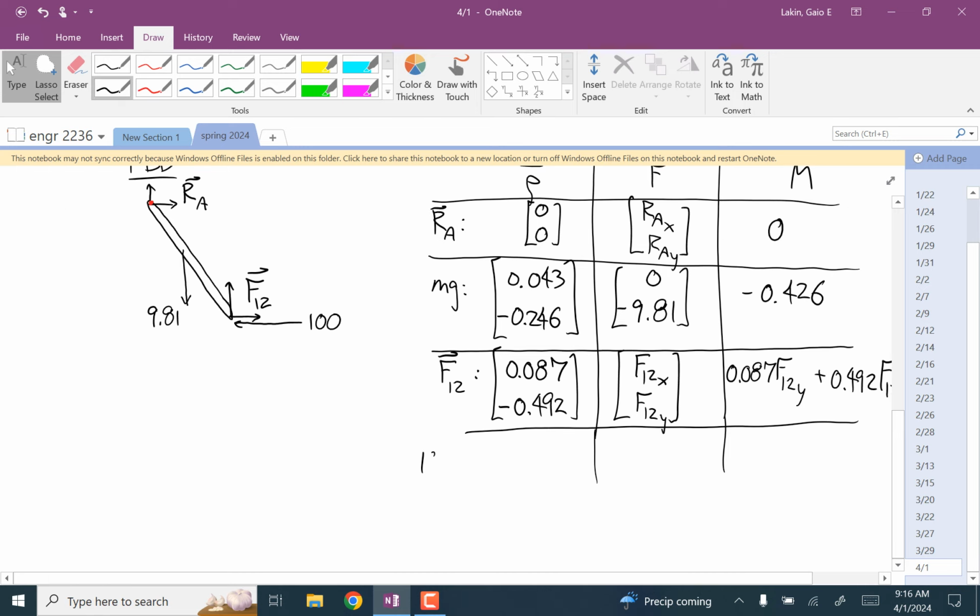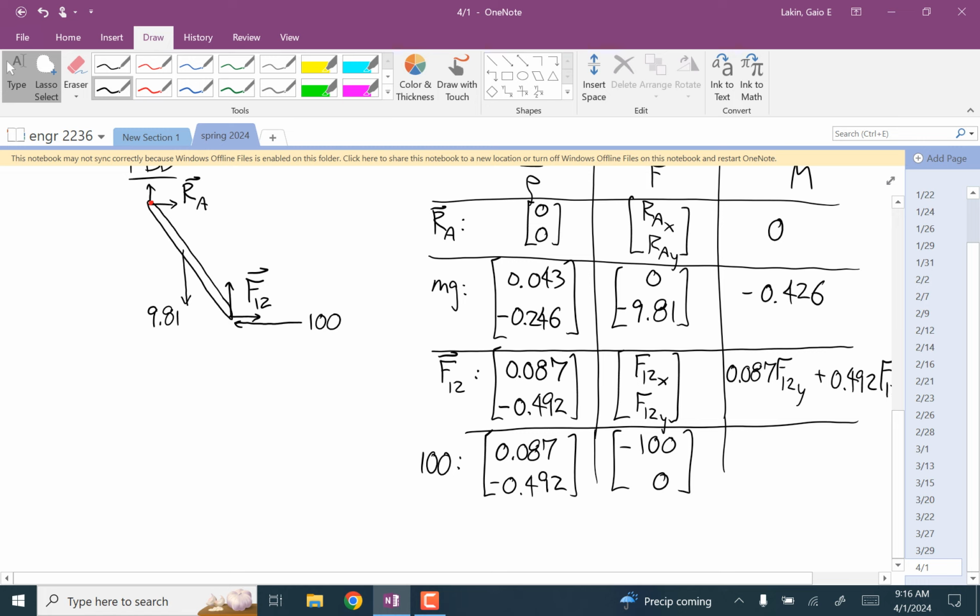And then last is that 100 Newton force. That is the same row vector as F12. The force vector is negative 100, 0.